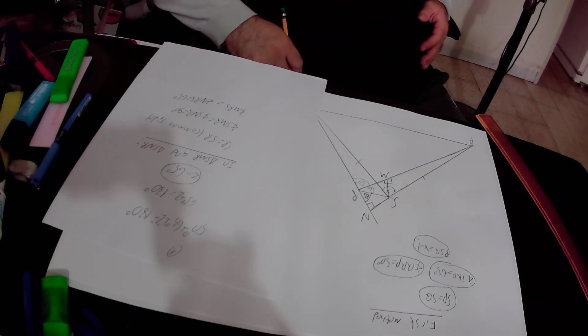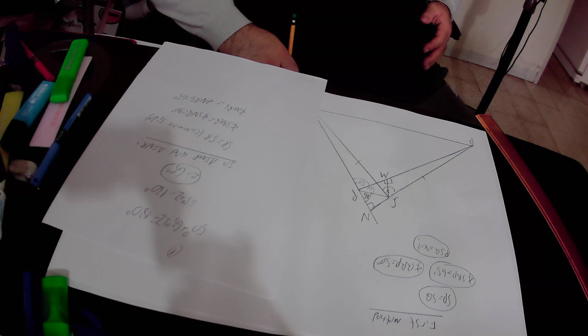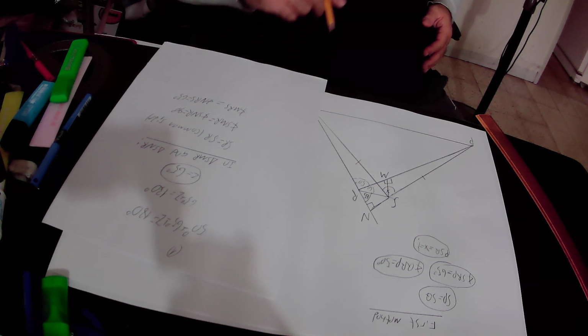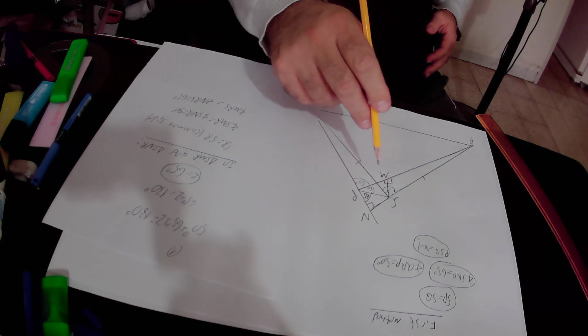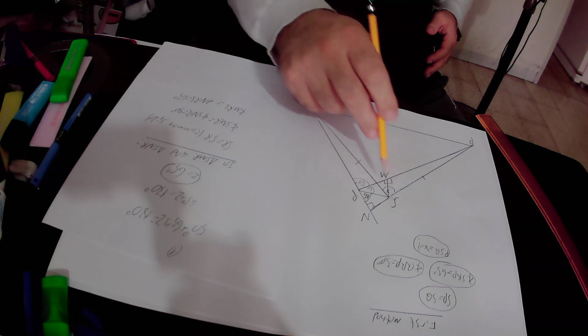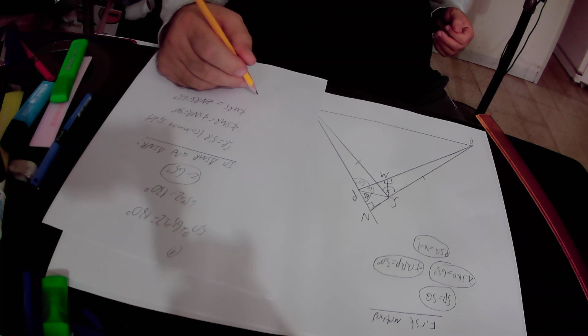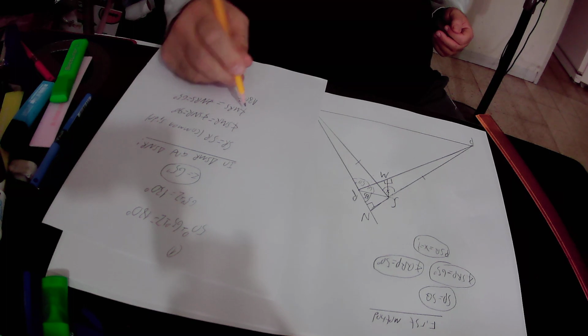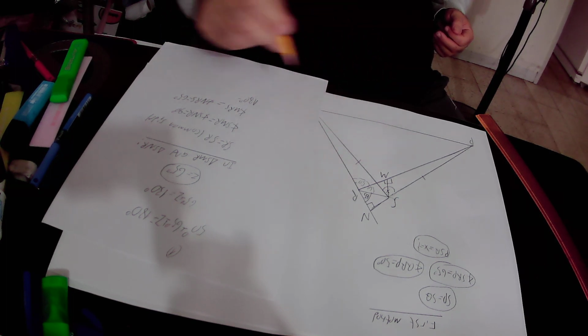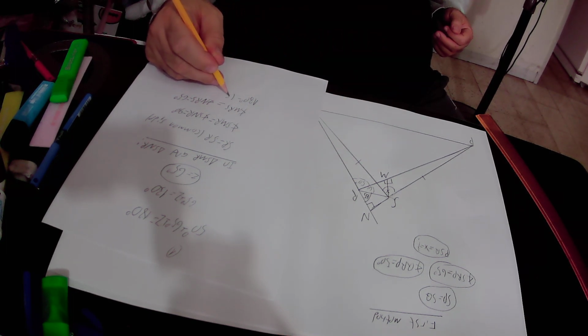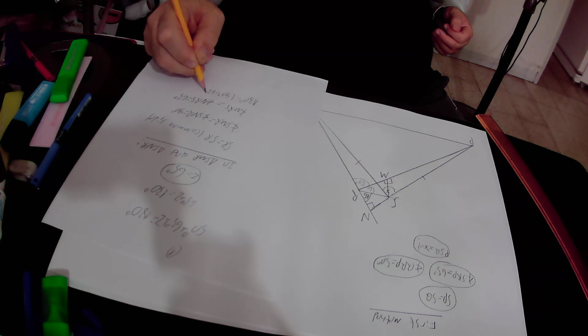So the third angle, angle MSR or angle NSR, will be equal to 180 degrees minus the sum of the two other angles, 90 degrees plus 65 degrees.